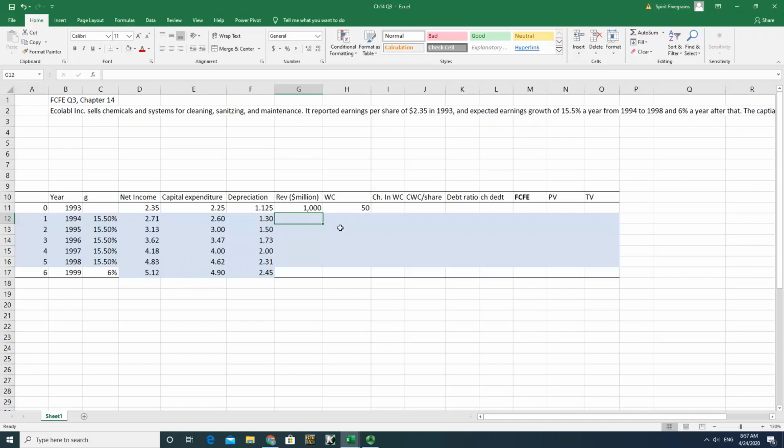Then you look at the revenue. Revenue will grow at 6% every year during the first 5 years, so revenue would be the previous revenue times 1.06 for the first 5 years, and then 4% in the 6th year. Then working capital would be 5% of revenue.